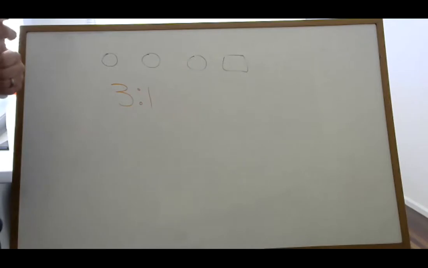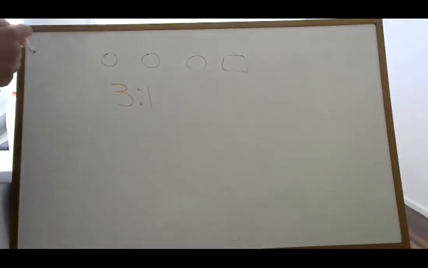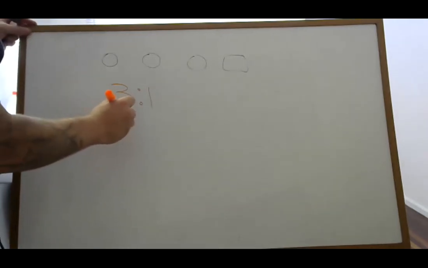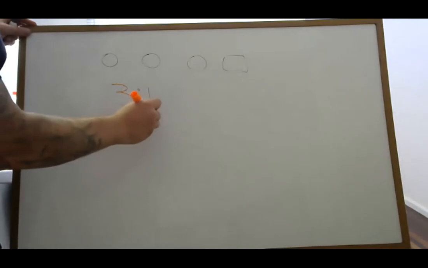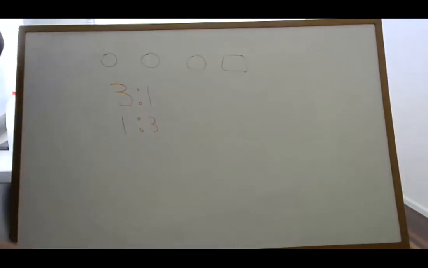Ratio of squares to circles, what would that be? Okay. What about circles to total shapes?